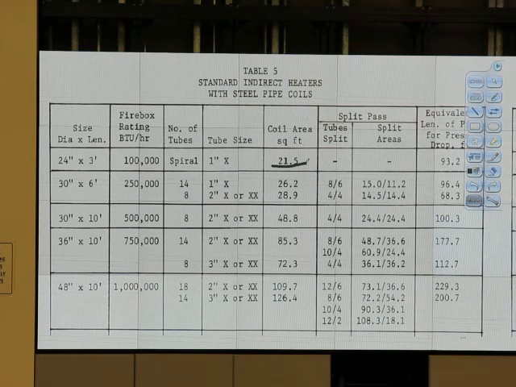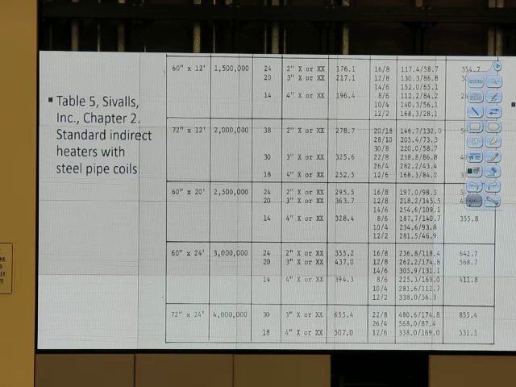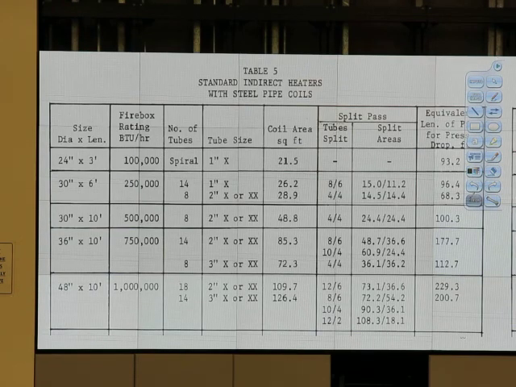See, 21, 28, 85, or it goes down a little bit, and we have more coil area. It keeps going up, right? Same as Firebox rating. Firebox rating tells us how much heat it produces, capital Q. Okay?